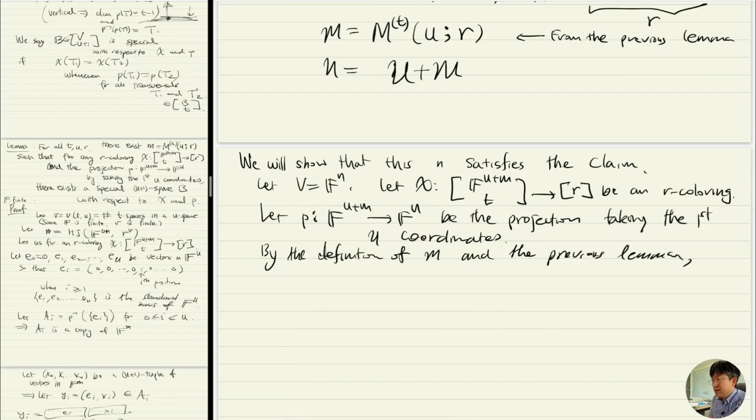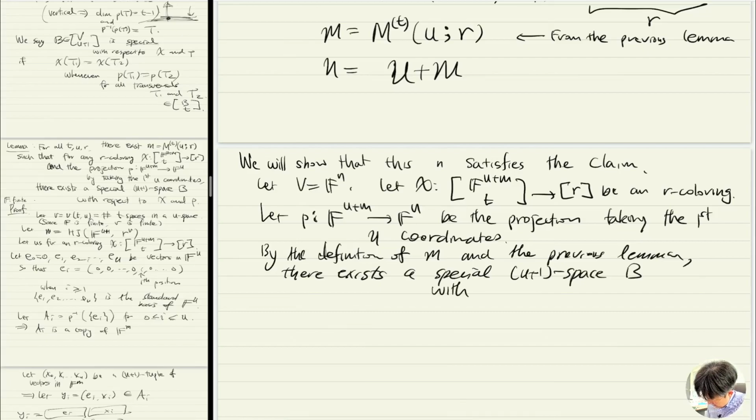Previous lemma: there exists a special U plus 1 space B with respect to chi and P. So in this special subspace, the color of a transversal T space depends on the image under the projection.